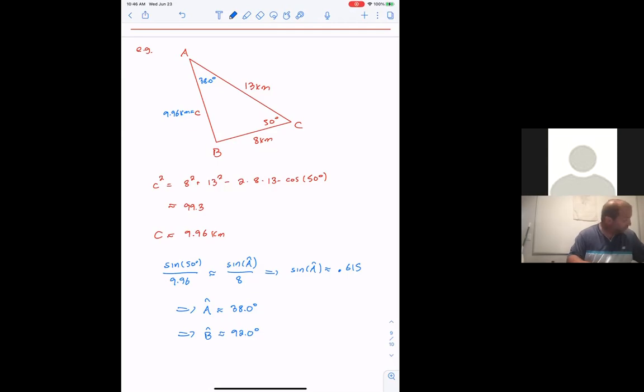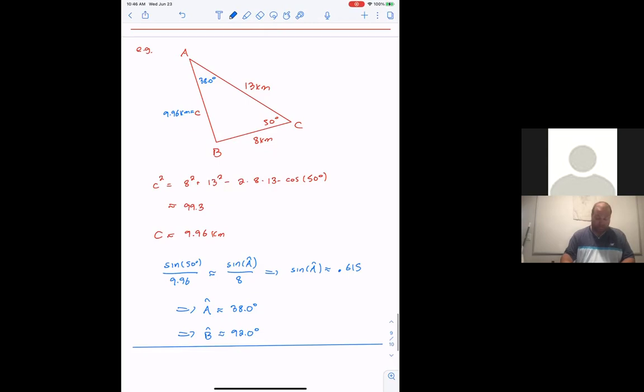Sine 50 times 8 divided by 9.96, and the arc sine of that. Nope, I got a completely different number than they did. So I'm pretty sure they're wrong again. Oh, Oxford.